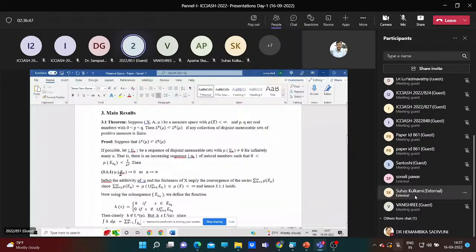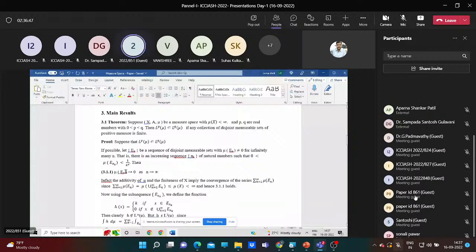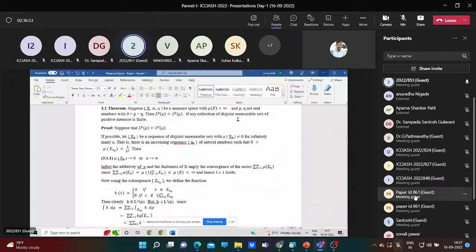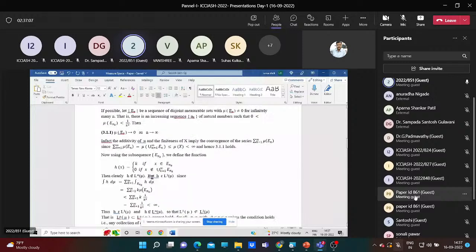Just the explanation part I have given here. I'm talking about disjoint measurable sets. So let us take a function h of x, defined as k if x belongs to E nk, and 0 if it does not belong. So we have taken the disjoint ones. Then clearly h is not in L infinity mu, by the definition we have taken here.